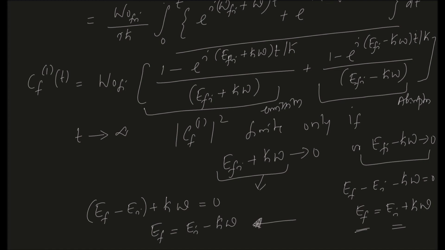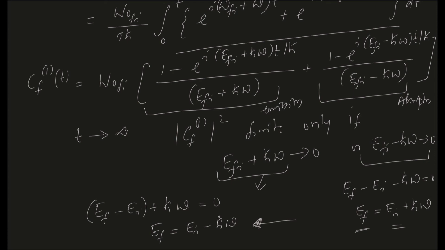So the effect of harmonic perturbation with an angular frequency omega is to receive from the system or to transfer to the system a quantum of energy h cross omega. That is, the system either absorbs or emits energy. Since emission is happening in the presence of electromagnetic radiation, this emission is usually referred to as the stimulated emission process. At a given time, either absorption or emission happens. These two processes will not happen together.